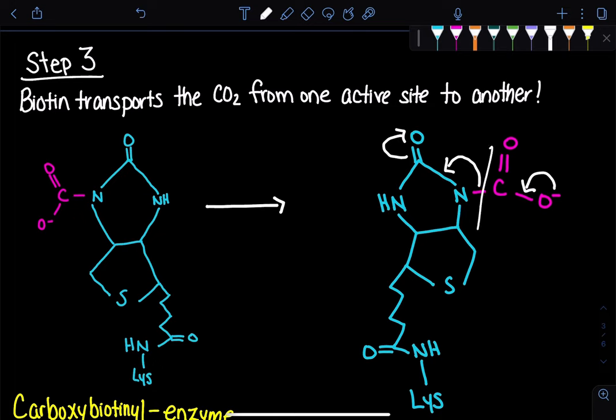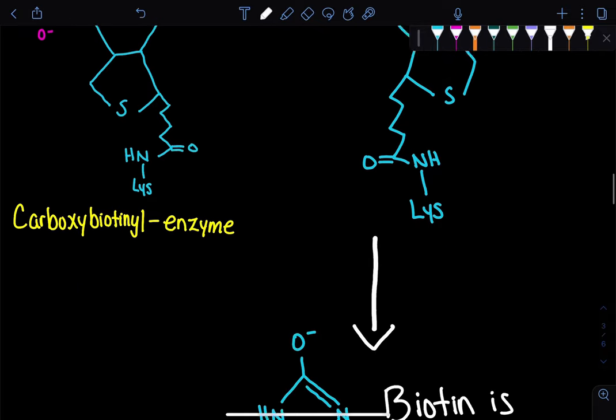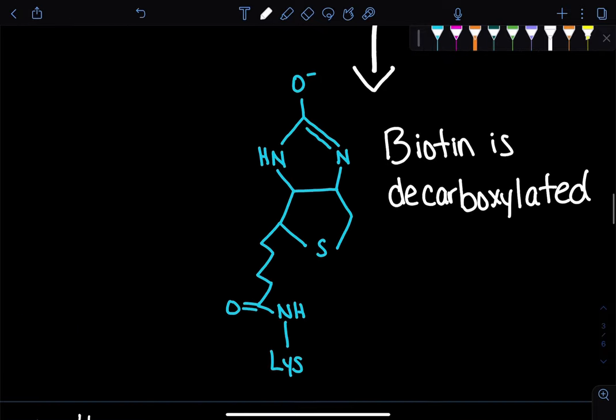So now nitrogen has an extra lone pair, so it's going to form a double bond with the adjacent carbon. But this carbon over here can only have 4 bonds, so it has to break a bond. That carbon is going to break one of its bonds with oxygen, so oxygen is going to gain a lone pair. So we see that down here.